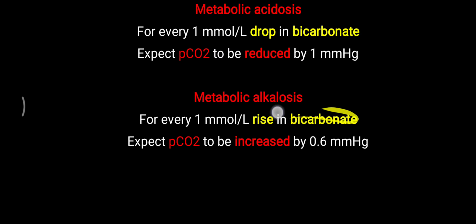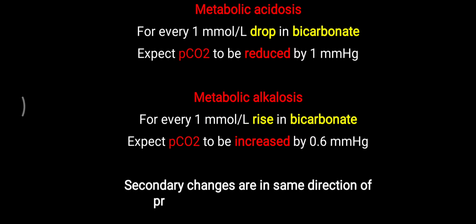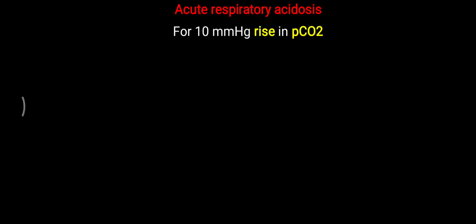If bicarbonate level is increasing, then PaCO2 will also increase. So secondary changes are in the same direction as primary changes, with the ultimate goal to maintain our pH at 7.4. Now further, acute respiratory acidosis. Here there is a rise in partial pressure of carbon dioxide. Suppose due to blockage in the respiratory system, carbon dioxide is not eliminated and it is increased.